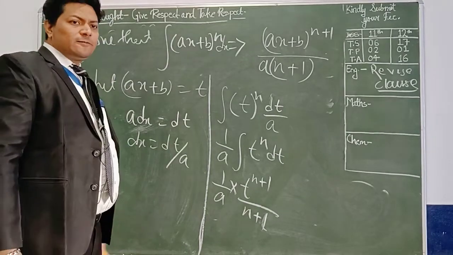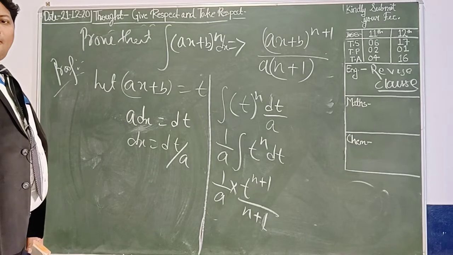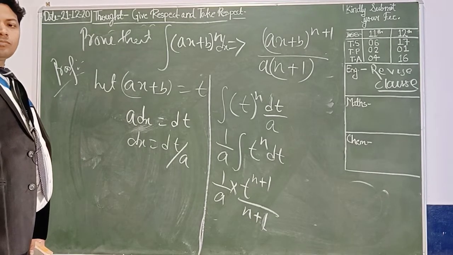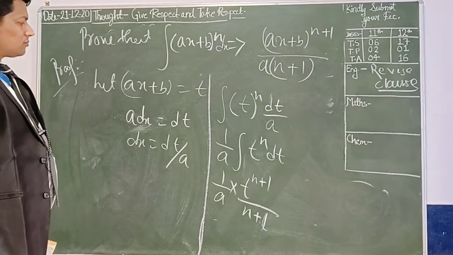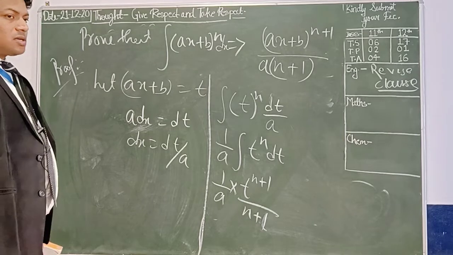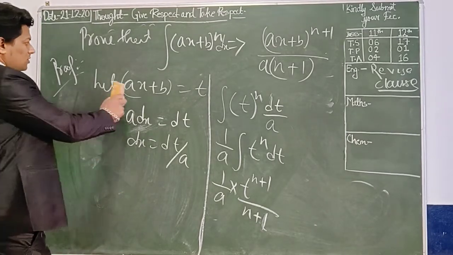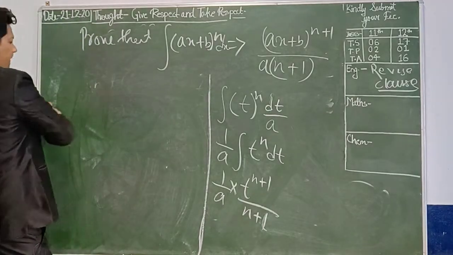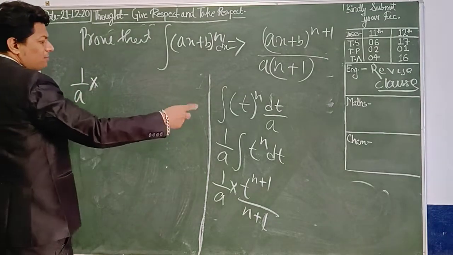Write it up to this point. Clear? 1 by a into t power n plus 1 divided by n plus 1.